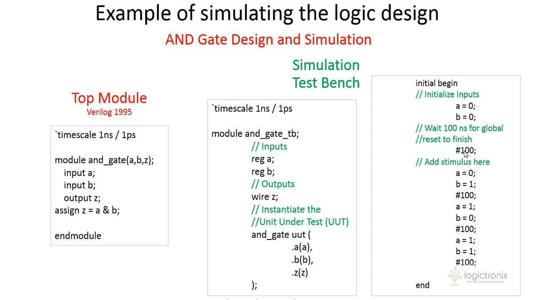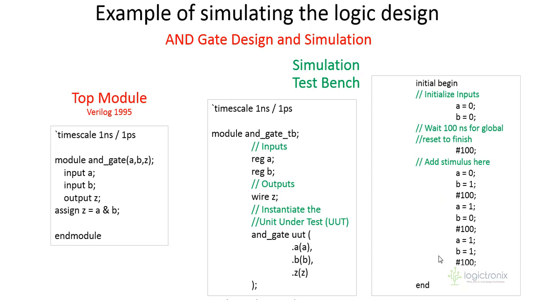If we write 100.0001, then it will correspond to 100 nanoseconds plus some remaining picosecond value. So each set of values for this AND gate is separated by 100 nanoseconds, and then we have the end.